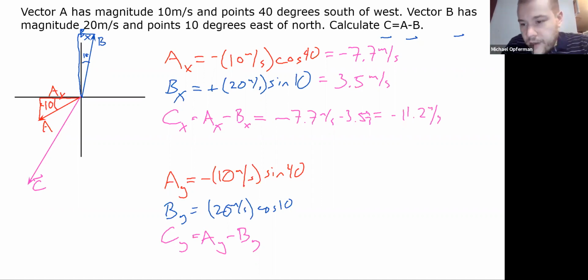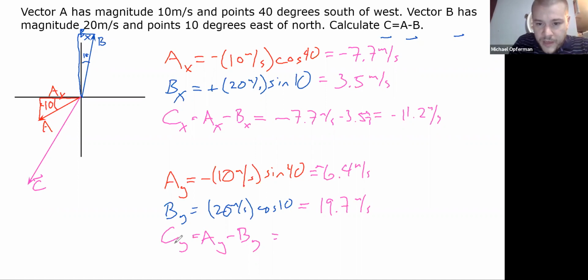And then likewise down here, you do the same basic idea. I guess I might as well do it, because in these videos, you can always, if you don't like seeing all the details, you can always skip it yourself. 6.4, the negative in front of it. And this one here, cosine of 10 times 20. That gives me 19.7.